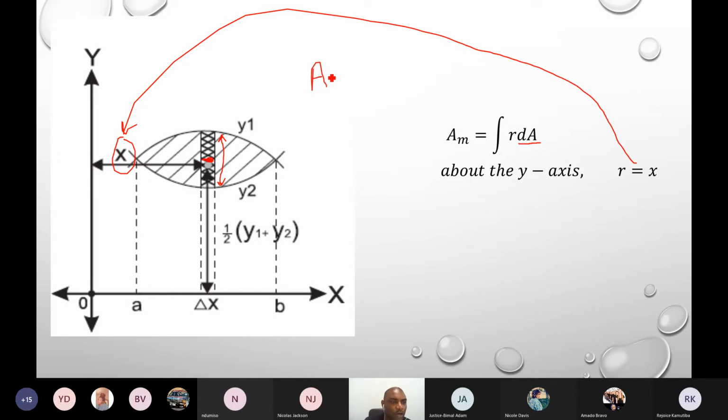Area between two graphs is equal to y1 minus y2, in brackets, with respect to x.